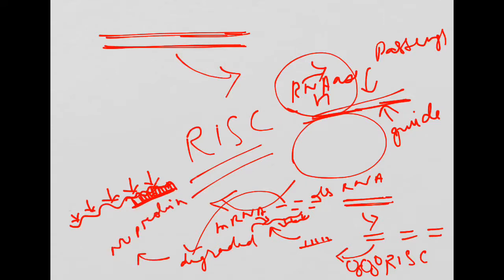That means gene expression is completely blocked for that particular mRNA, because this mRNA is degraded, so no protein will be formed for that particular gene. This is the basic idea of your RNA interference technology.